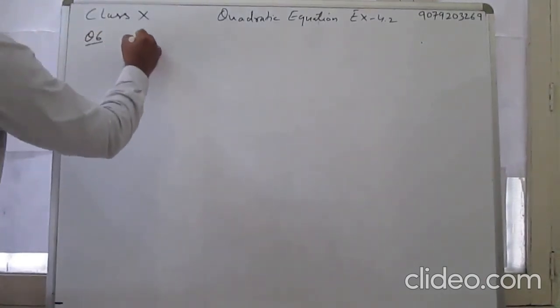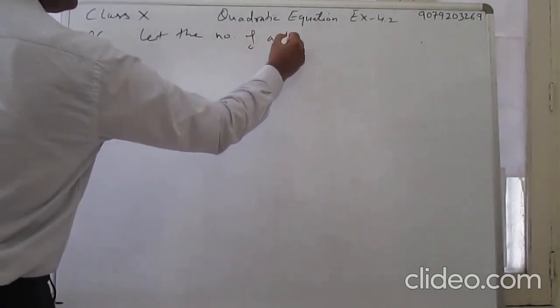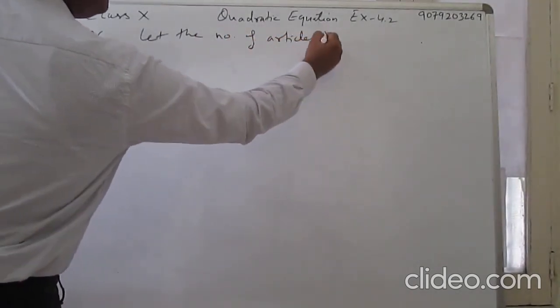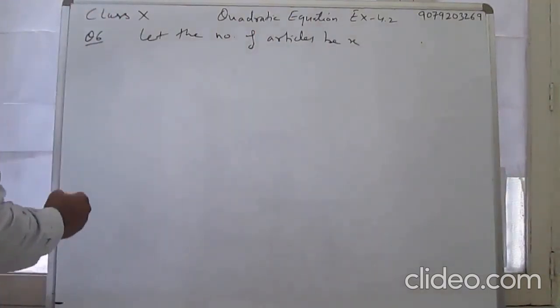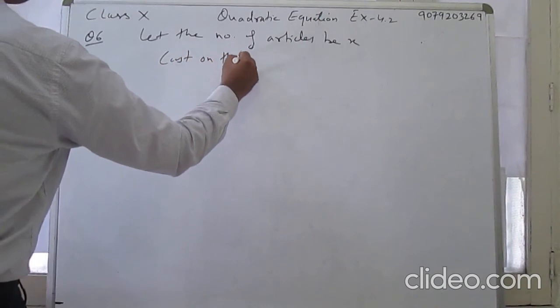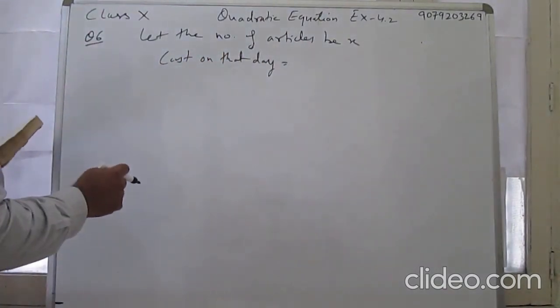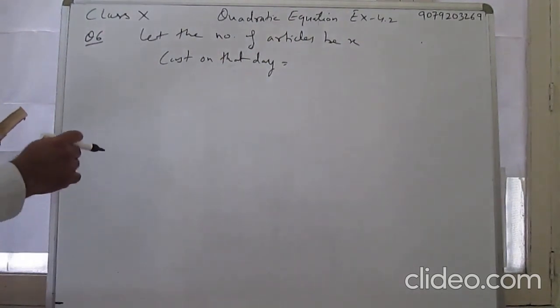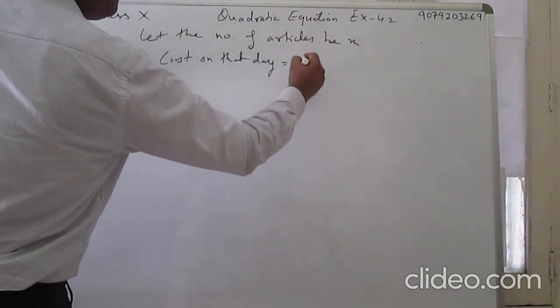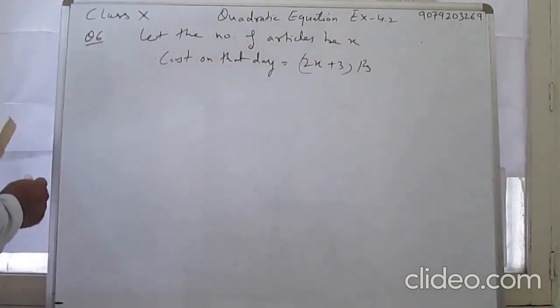So let the number of articles be x. Cost on that day is equal to twice the number of articles and 3 more, that is the cost of that day.